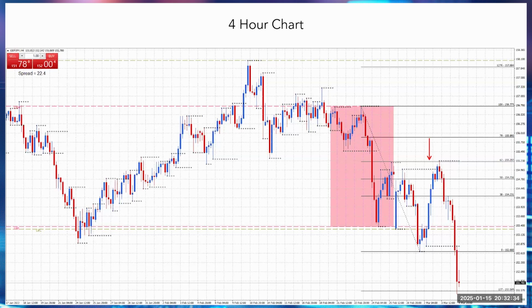What I will do is draw the fib from last week's high down to last week's low. But if we don't rally up to the 62 to 79% level, I just drag my fib down to the low that starts to form in the new week.